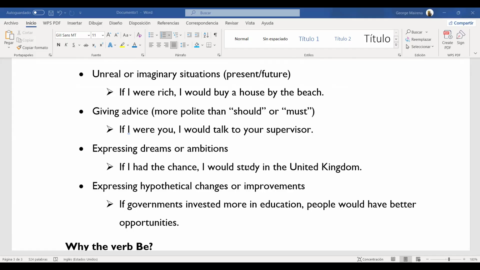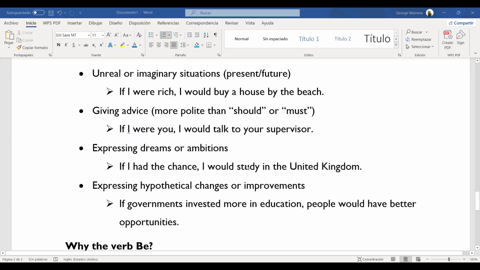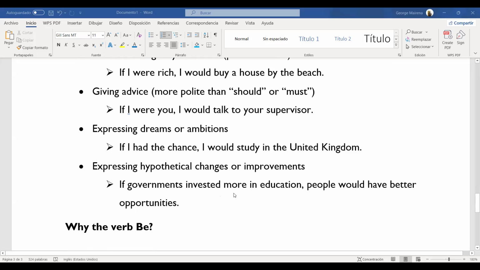Because remember that the past of the verb be has was and were. Was is used with I and the third person singular, and were with the third person plural. But why in this case do we have were instead of was? That's my question. Why the verb be?